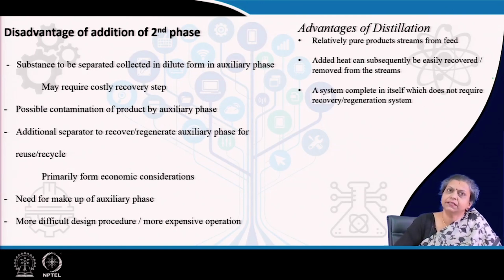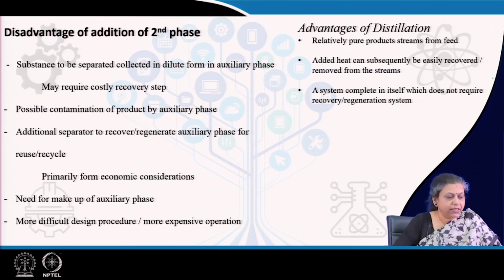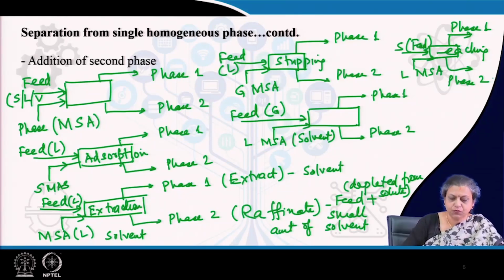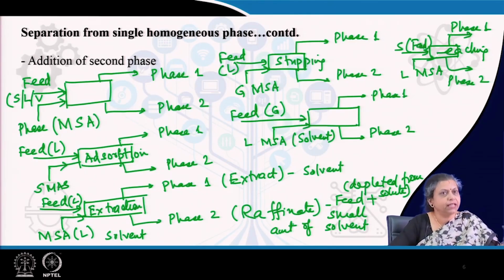There are certain things which you need to remember when you are adding the second phase. When you add the second phase, the component that you have removed from the feed is dissolved in, or in association with, the MSA.